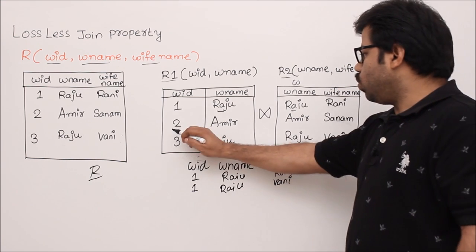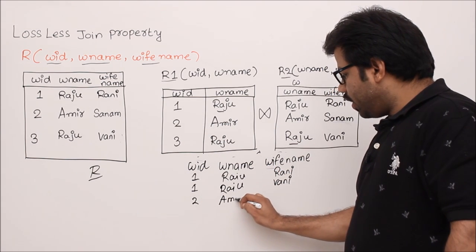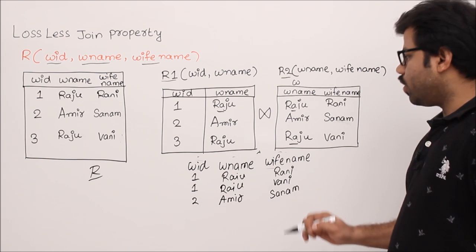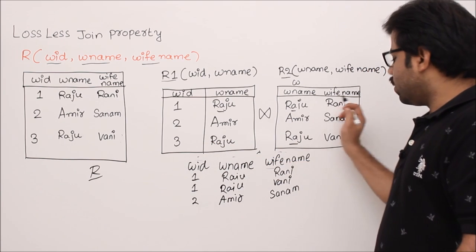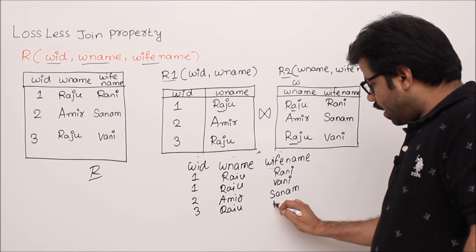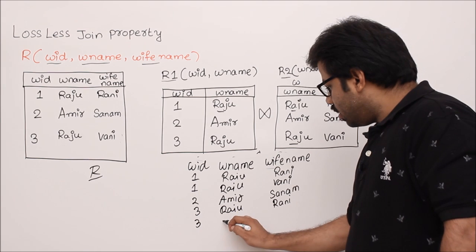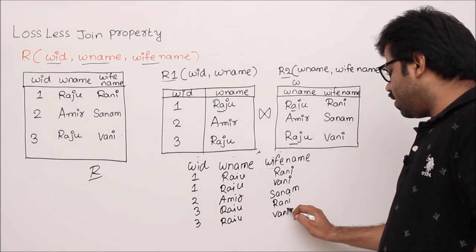Then you will get 2 Amir, Amir Sanam, so it is 2 Amir and Sanam. Later you get 2 more tuples, 3 Raju, Raju Vani, 3 Raju, Raju Rani. Let me write it. So 3 Raju and Rani and 3 Raju and Raju Vani gives you Vani, right?